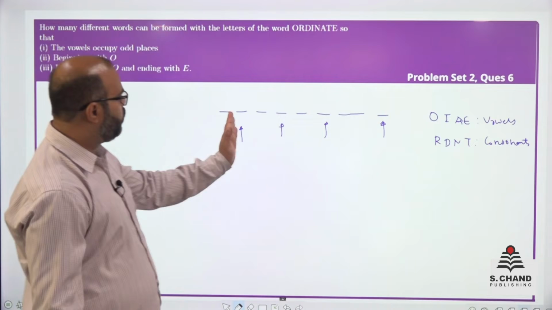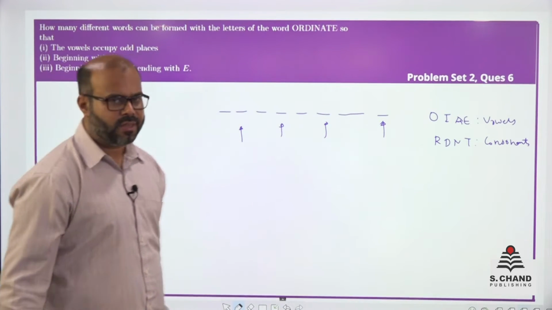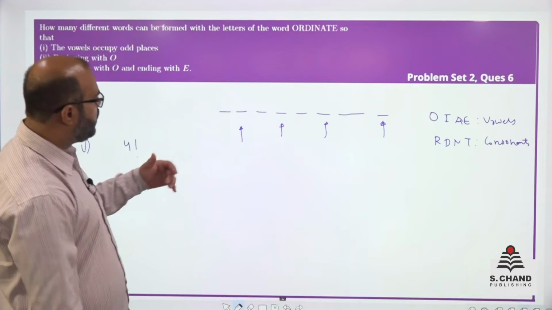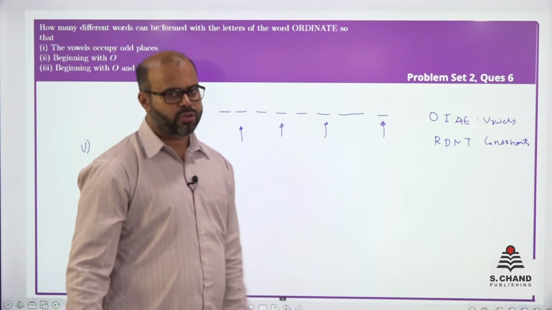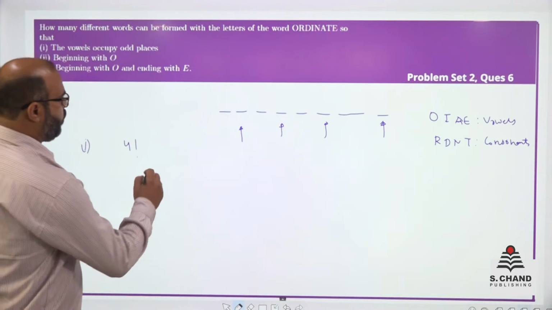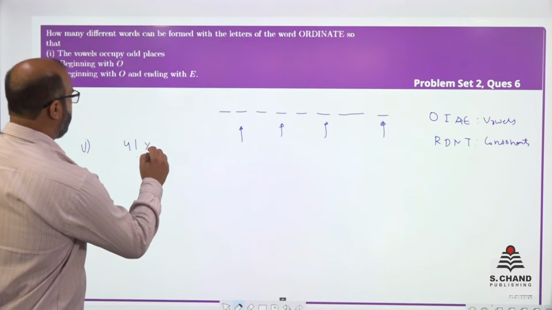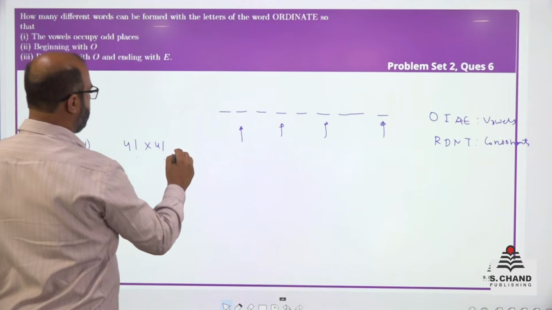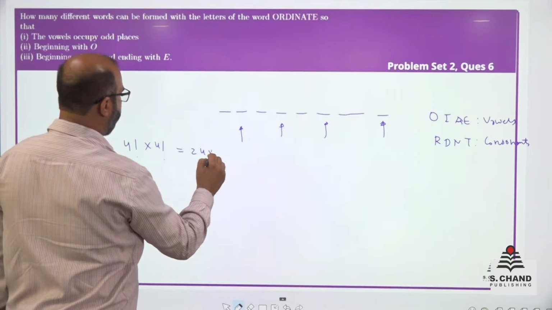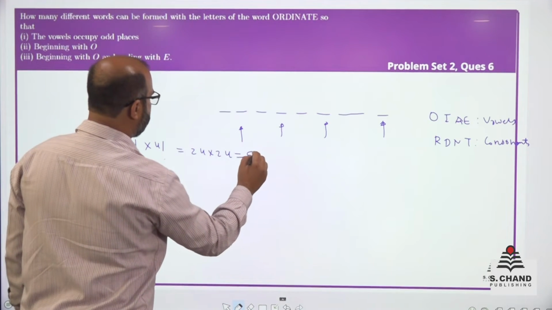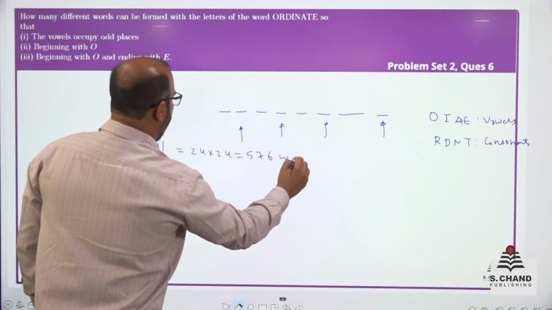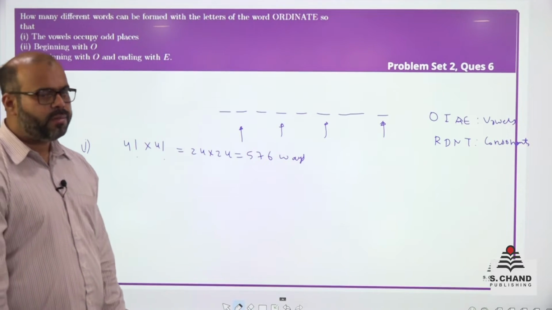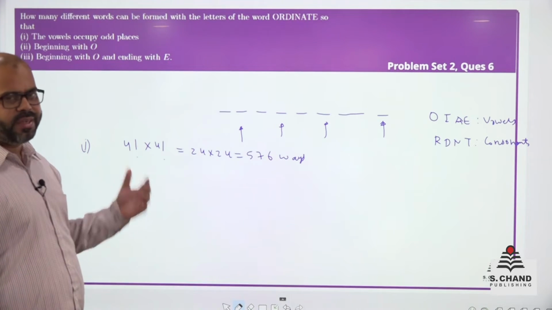So for the 4 places, 4 vowels are there that you can arrange in 4 factorial ways. And the rest 4 places will be filled by consonants, that will also be in 4 factorial ways, and none of them are getting repeated. So you can easily see that this is 24 into 24, that is 576 ways. This is a small number, so we calculated, otherwise we can leave it as it is.